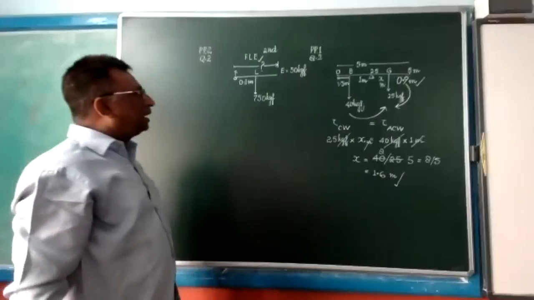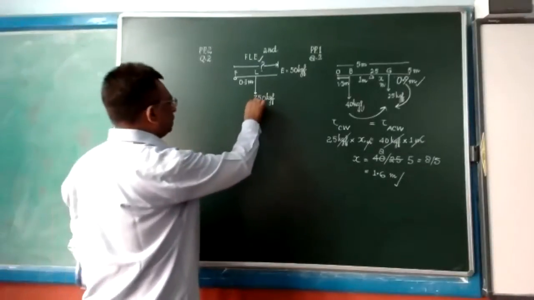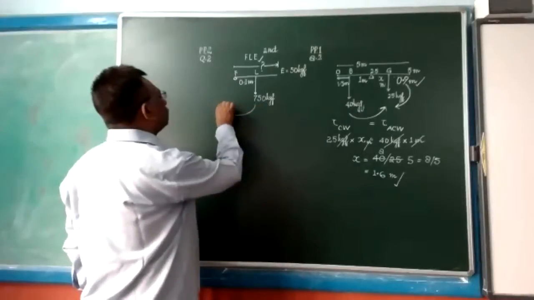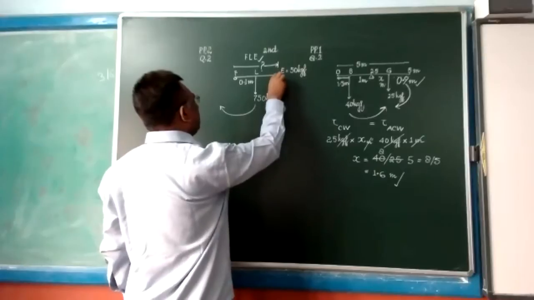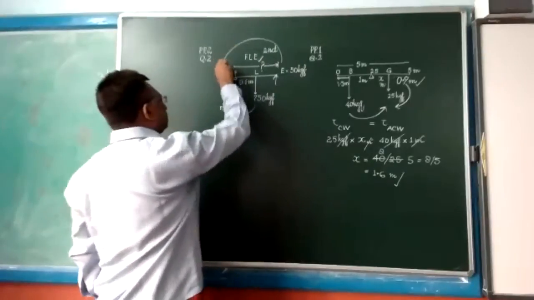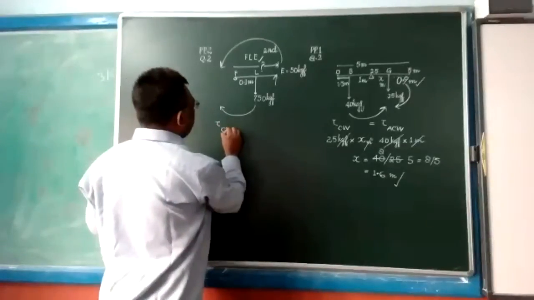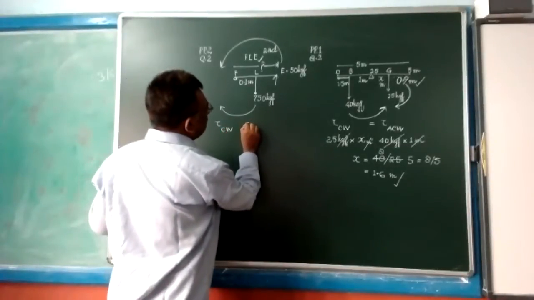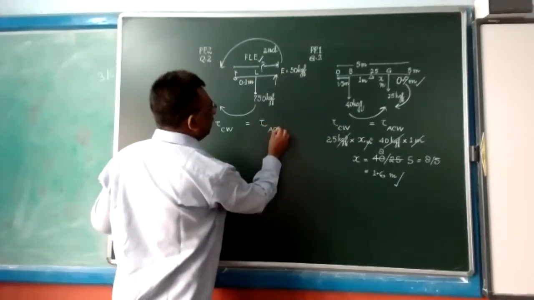So again we apply that clockwise moment of force. This is the clockwise moment of force, and this one is the anti-clockwise moment of force. So again we write the same formula. Clockwise moment of force is equal to anti-clockwise moment of force.